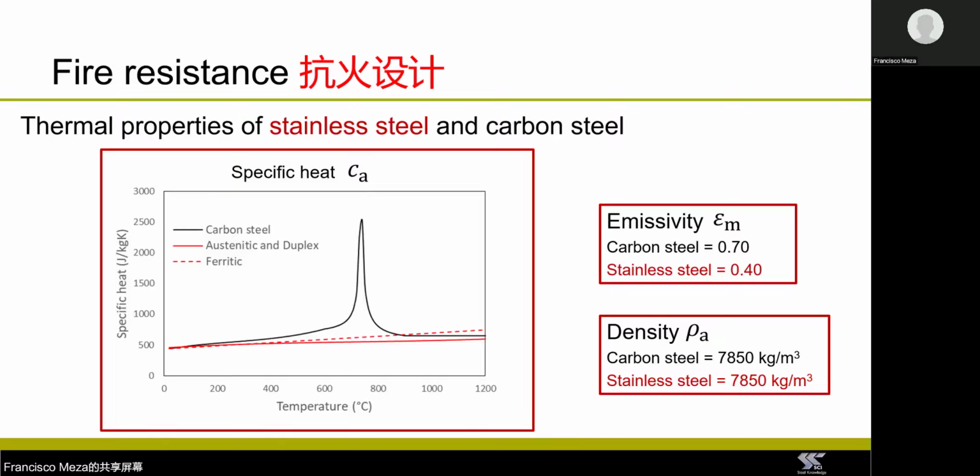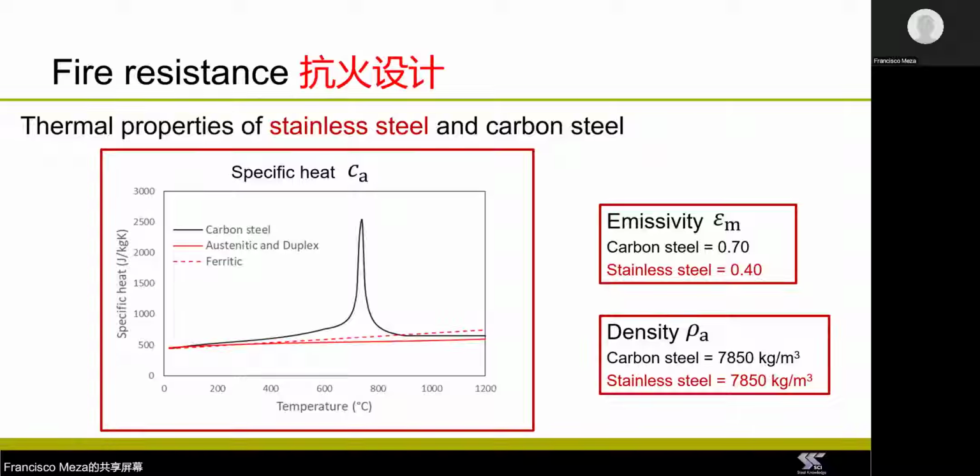So in this slide, you can see how these properties compare for stainless steel and carbon steel. The specific heat capacity tells you how much heat energy per unit mass you have to apply in order to increase the temperature of the section by 1 degree. And in this figure, you can see that the specific heat capacity of stainless steel is very similar to the one for carbon steel.